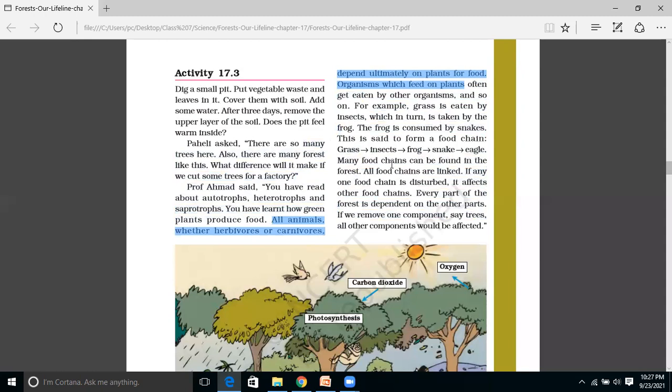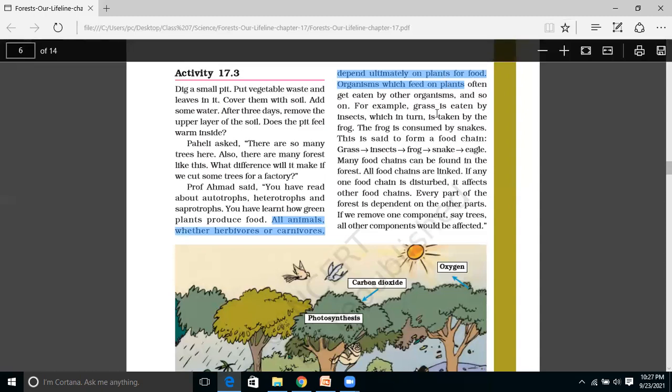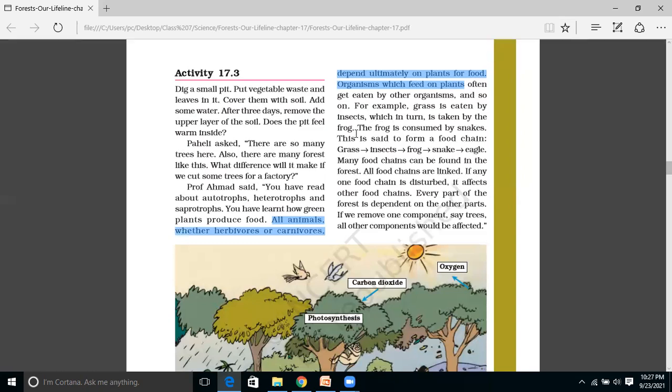Now, in case we are given an example of a food chain, basically we have grass which is eaten by insects, and insects will be eaten by frog, and frog will be consumed by a snake, and the snake will be consumed by the eagle. So this is the food chain which is given. A simple food chain.